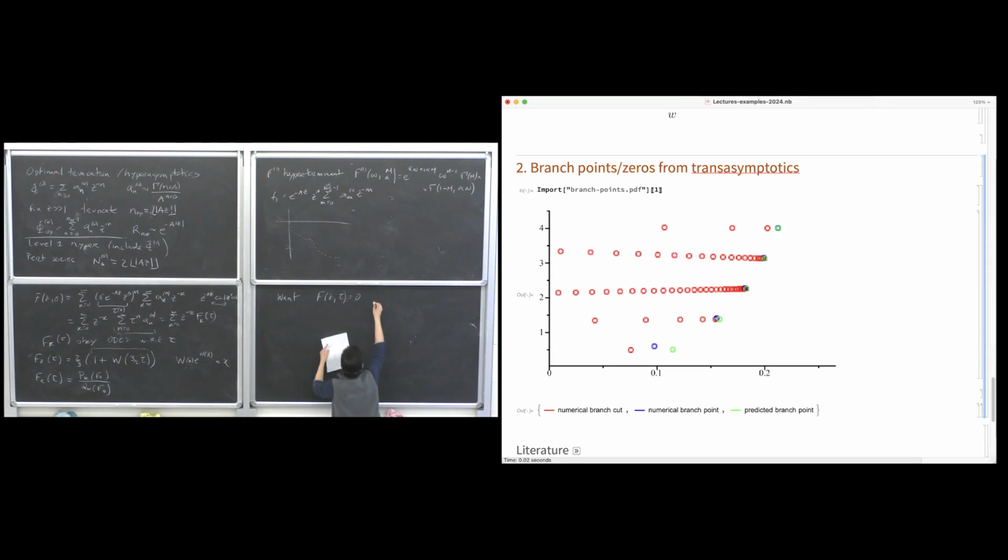So these are all square root branch points, and they're related to the square root branch points of the Lambert W function that happen at tau equals e to the -1. So W of tau has a single branch point at tau equals e to the -1.